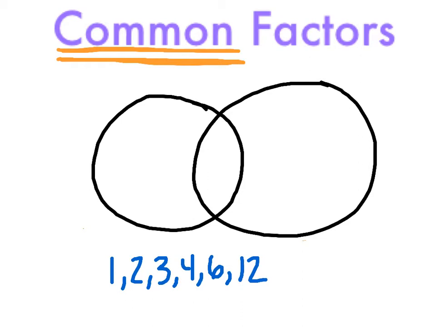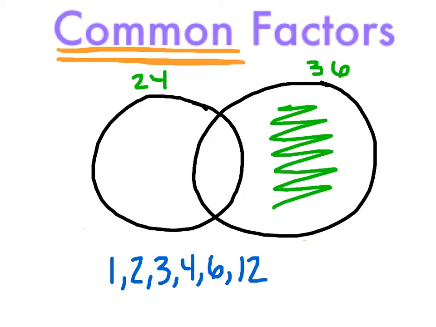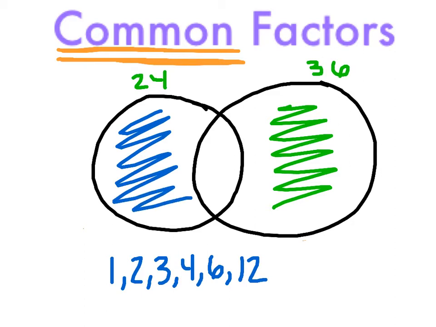One side represents the first factor that we worked with, 24, and the other side represents 36. So anything in this side is going to represent 36, and anything in this side is going to represent 24. And where they overlap is going to be the common factors.